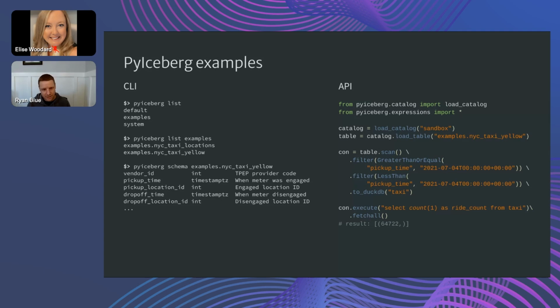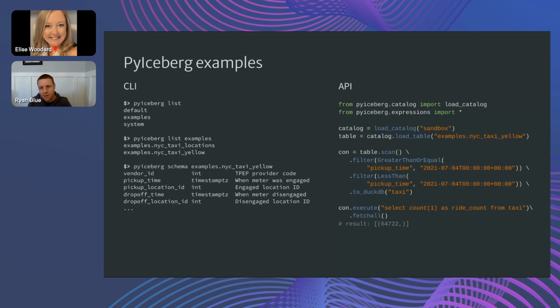You go edit pyiceberg.yaml in your home folder, point it at your Hive Metastore or REST catalog, and all of a sudden you're set up for operations like list, which shows all the top level namespaces. Then you can drill in from there, list tables and examples. And then you can also say, hey, give me the schema of examples.New York City taxi yellow. So really easy to interact with those catalogs, explore, find out what's there.